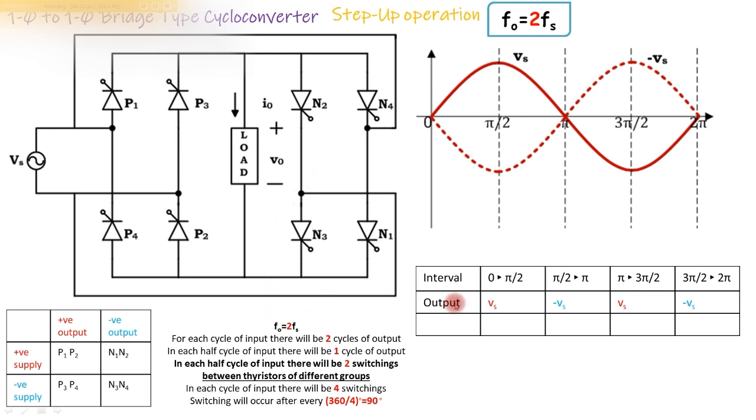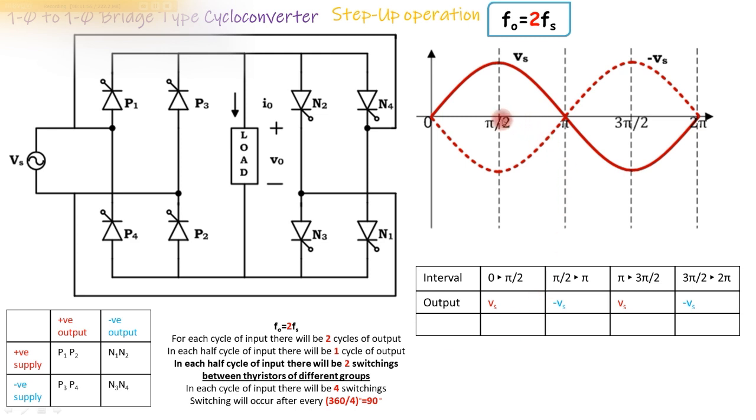Now we already know that in the first interval, that is from 0 to pi by 2 radian, supply is positive and output required is positive. So when the supply is positive and output is also positive, the thyristors P1 and P2 must be fired.